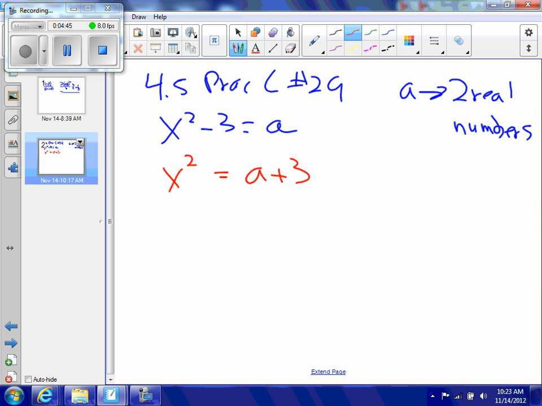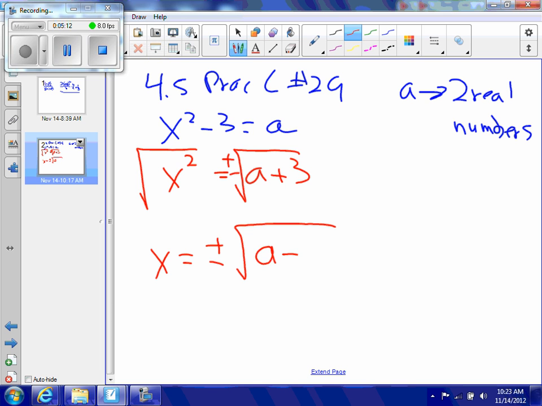Then I'm going to take the square root of both sides, because I want to know what x is. The square root of x squared is equal to plus or minus the square root of a plus 3. So I have x is equal to plus or minus the square root of a plus 3.